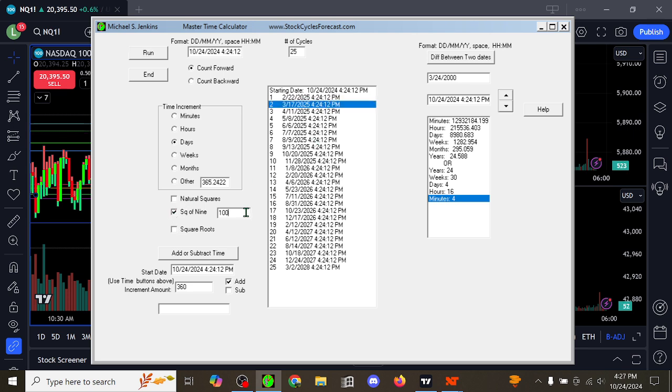So here it's counting forward in a square of 9 base 100. And it'll tell you those dates. Now, these dates aren't necessarily going to be special. Even if it's a high or low on the market, it could be, but what's your value going to be? What if you did 95? You're going to get different values, right? So that is going to take your own mathematical research to find out if that's useful at all to you.